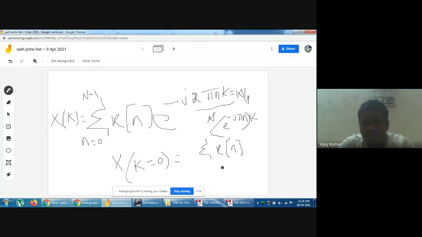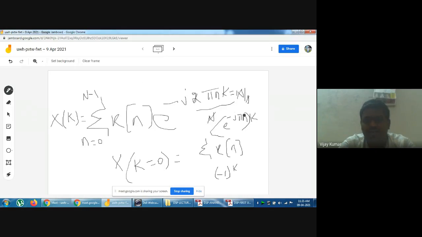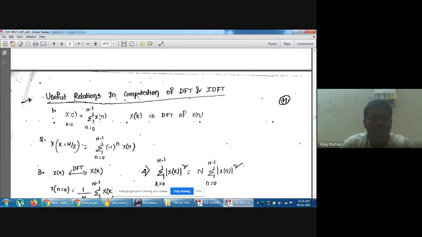Irrespective of any value of n, e power minus j pi n will be minus 1. So minus 1 whole power k. So to compute X of k equal to n by 2, summation n equal to 0 to n minus 1 minus 1 whole power n x of n. You can write either minus 1 whole power n or minus 1 whole power k. Anything is no problem. Here I am writing minus 1 whole power n x of n.